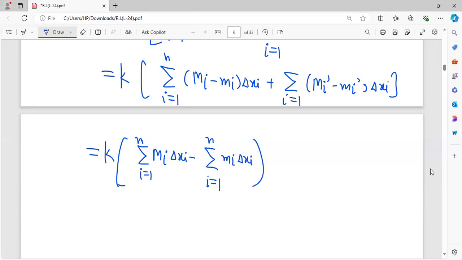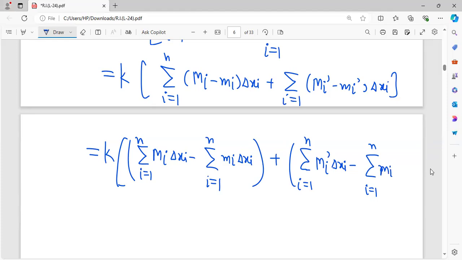Okay, this is 1, plus this is summation i goes from 1 to n of Mi dash delta xi minus summation i goes from 1 to n of mi dash delta xi.